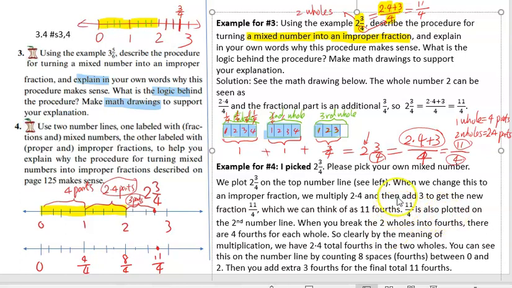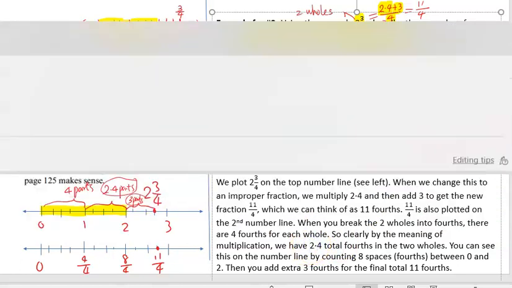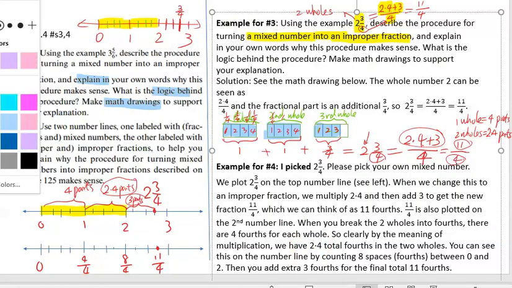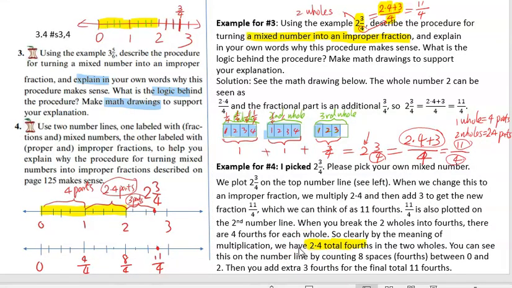When you put it in words, you would say because we break 2 wholes into fourths, and there are 4/4 for each whole. So one whole is 4 parts, and 2 wholes is 2 times 4 parts.